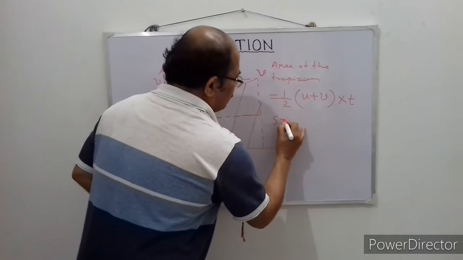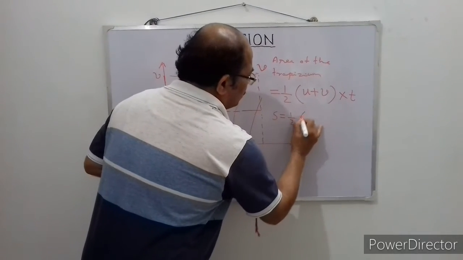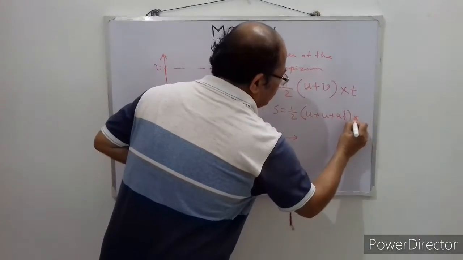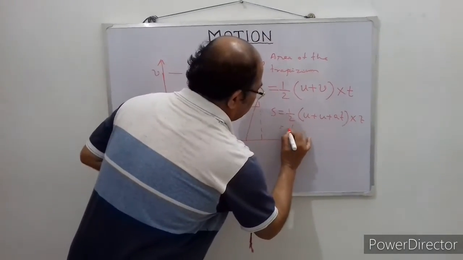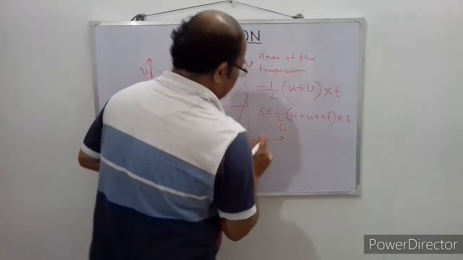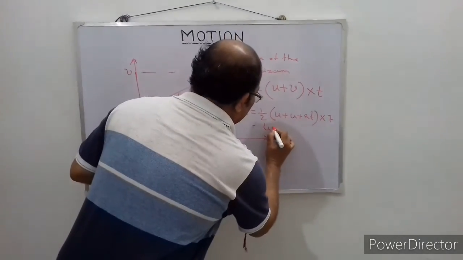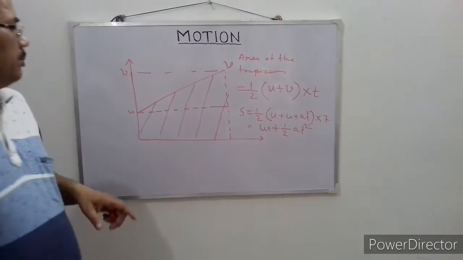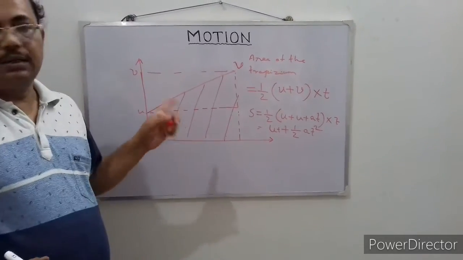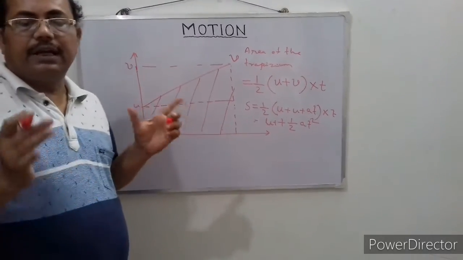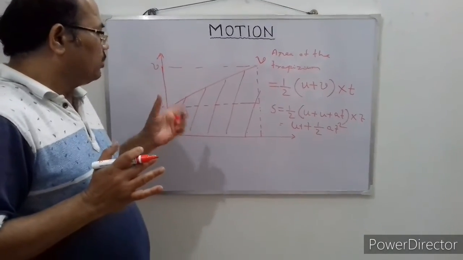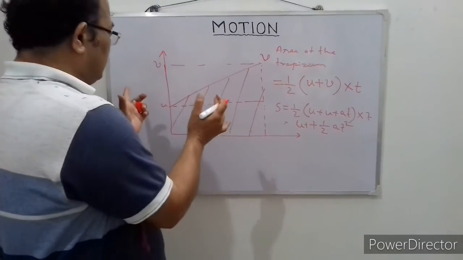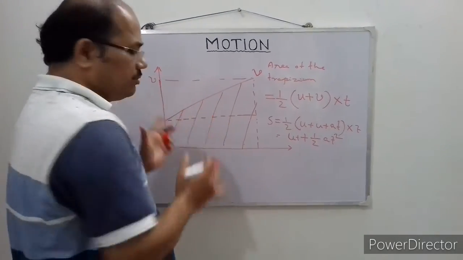Again we will get s equals half into (u plus at) into t, that means ut plus half at square. So we can prove this equation either by taking the average velocity, or we can use the graph.